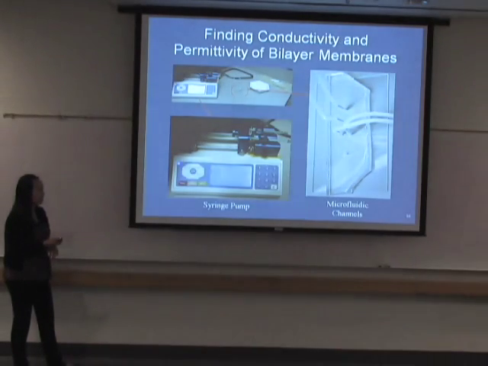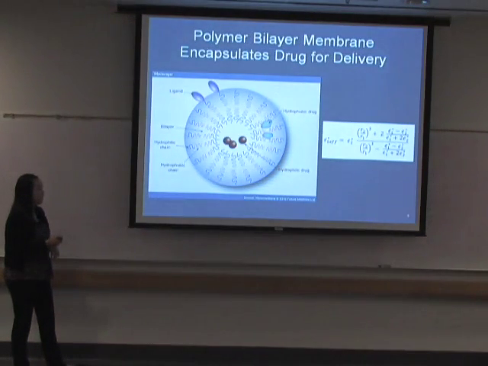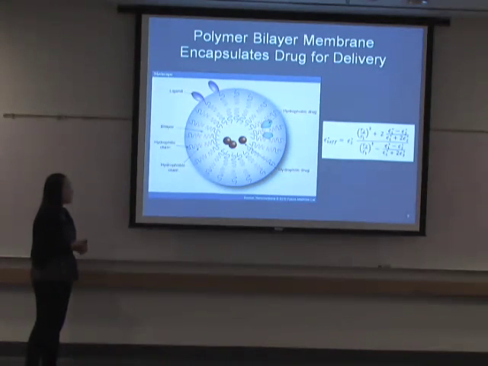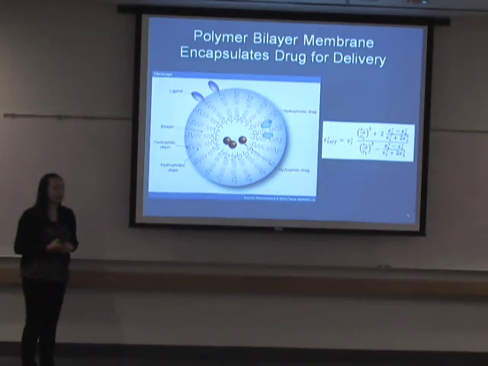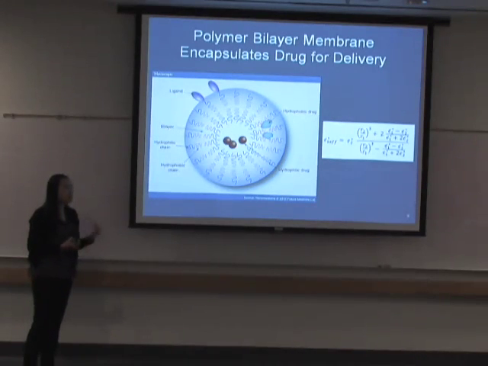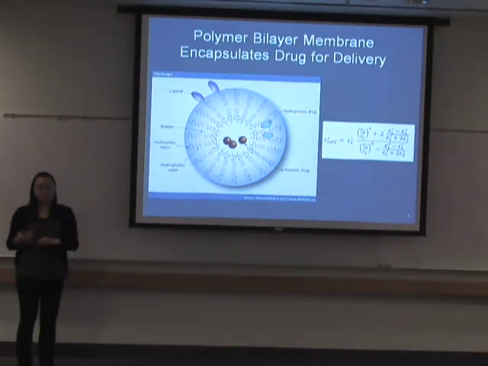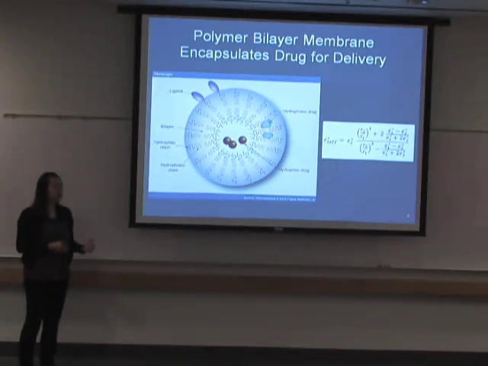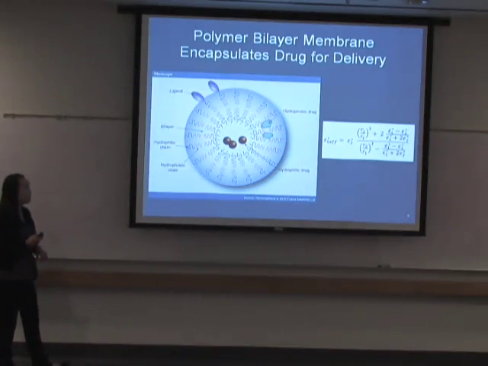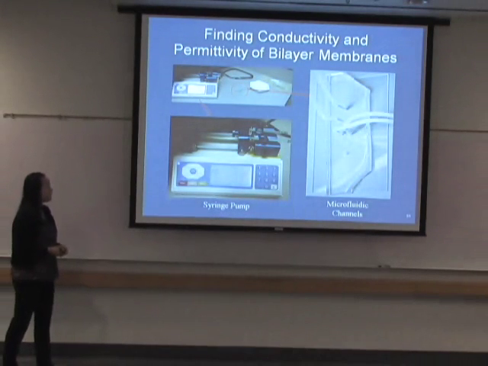So that can be shown with this equation over there. And so we have to incorporate these properties into our simulations in order to get the most accurate results. We want to be able to conduct experiments in the lab and match them up with our simulations and hopefully get similar results. And so the way to do that is to do testing with microfluidic channels.